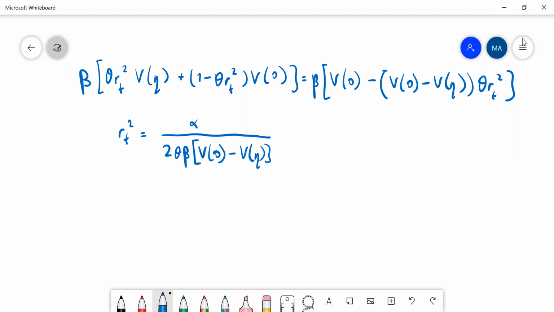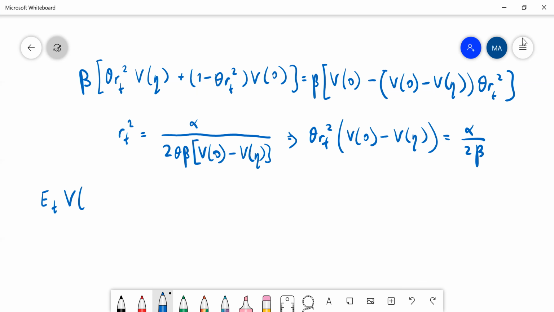So theta RT square times V0 minus V eta is equal to what? Alpha divided by 2 beta, right? Sorry, V0 minus, yeah. Okay, so then your continuation value, but basically I'm writing this, okay?